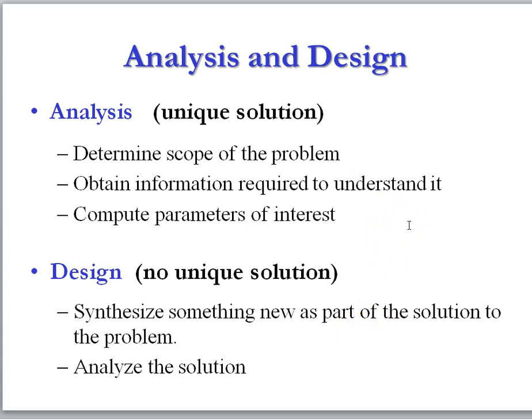We need to determine the scope of the problem, obtain information required to understand it, and compute the parameters that we're interested in. And there should be a right or wrong answer. When there's design, there's no unique solution. So we're synthesizing something new that's part of a solution to the problem. But after we do that, we need to be able to analyze it to see if it proves to be correct.